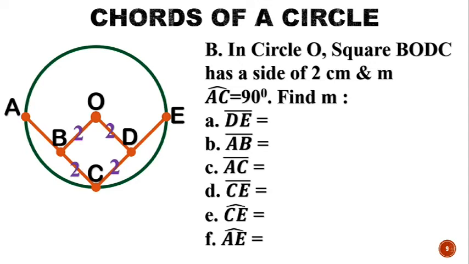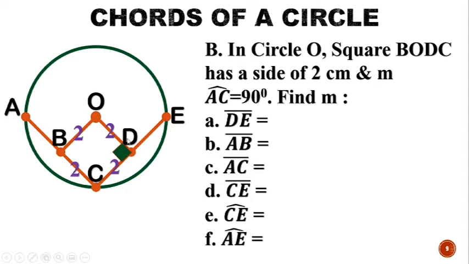At alam din natin sa square na ang inner angles nila, puro 90 degrees. So, that's a right angle. That makes segment OD a perpendicular bisector of the chord. Yung dati nating napag-aralan: kapag perpendicular, kapag 90 degrees ang measure between this line and the chord, that makes it a perpendicular bisector of the chord.